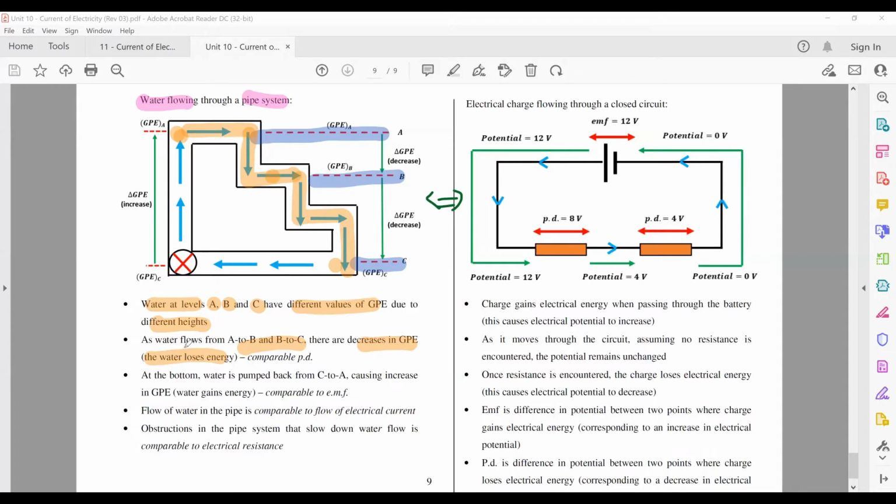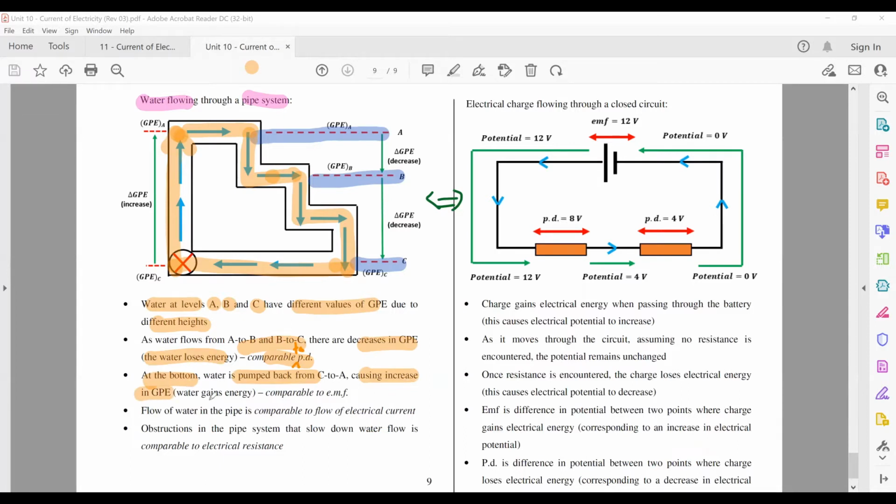Now, the fact that that mass of water is losing energy is actually comparable to PD in an electrical circuit, which we will see later. Okay. Now, at the bottom, when water is pumped back from level C back to level A, there will be an increase in GPE.